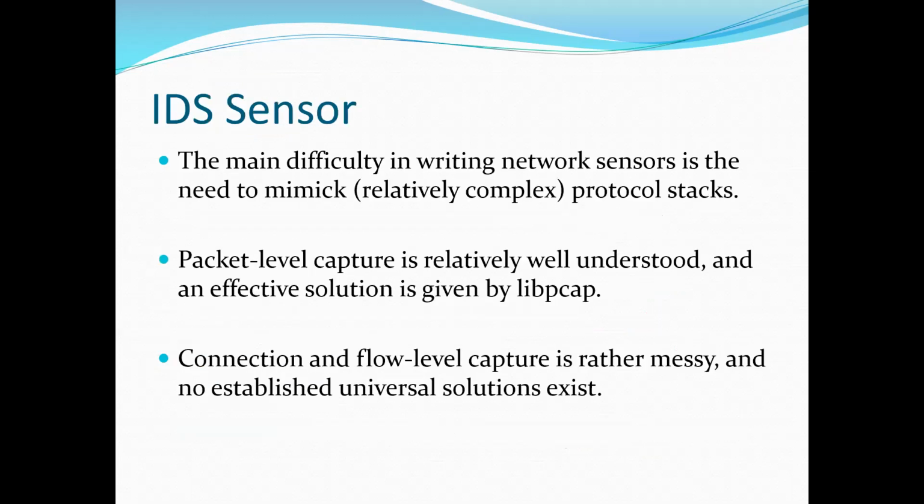All right, the IDS sensor. The main difficulty in writing network sensors is the need to mimic complex protocols. We understand packet level capture. I usually just use these examples because it's well understood, and we have libpcap, which is really great.